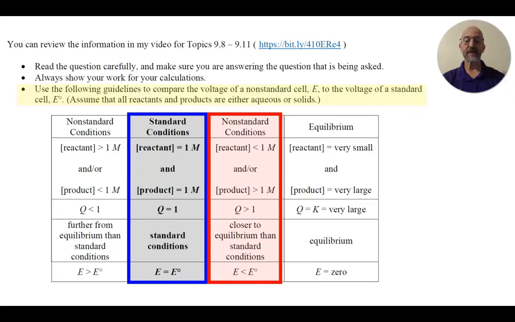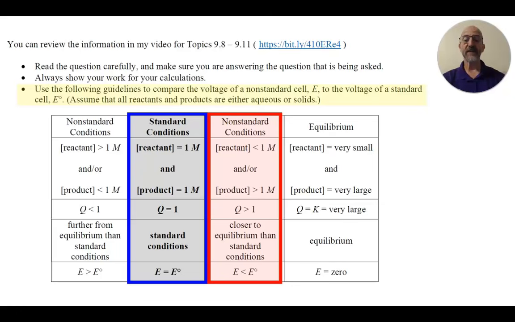So what happened? Did we increase the concentration of a product? No, we actually decreased the concentration of the reactant. So zinc, the concentration of zinc was decreased, and zinc happens to be a reactant in this net ionic equation.